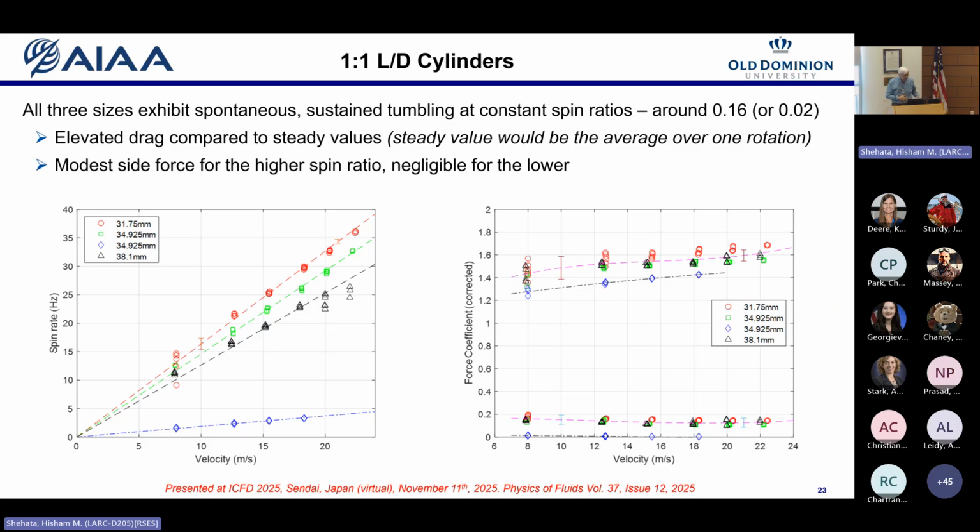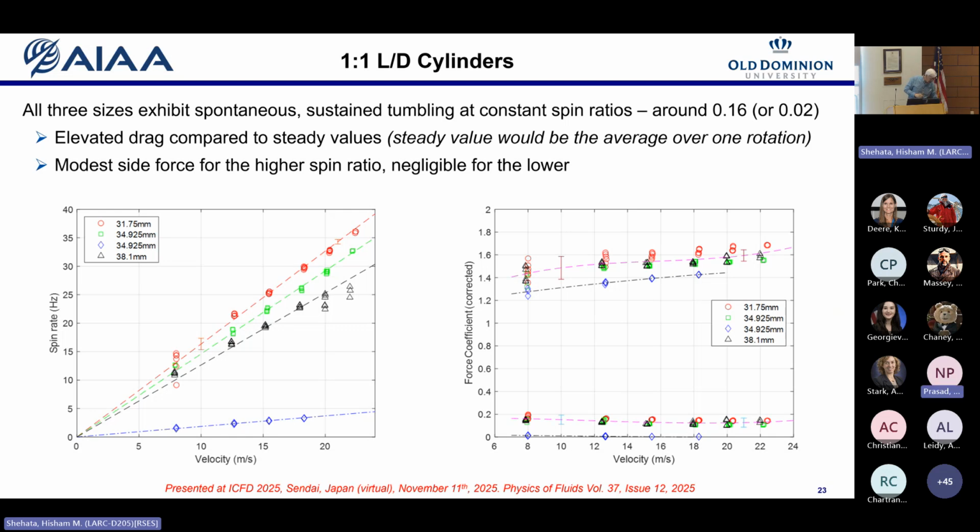So here we are now with a 1-to-1 cylinder. It's this model, length to diameter ratio of 1, and there are various sizes. This happens to be the largest size of the 3 plotted there.